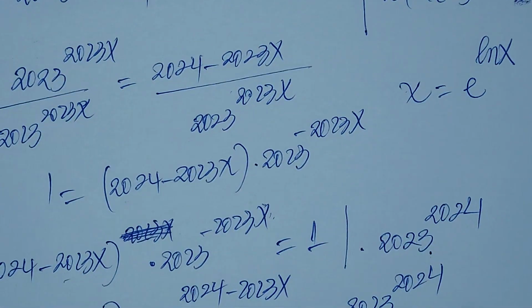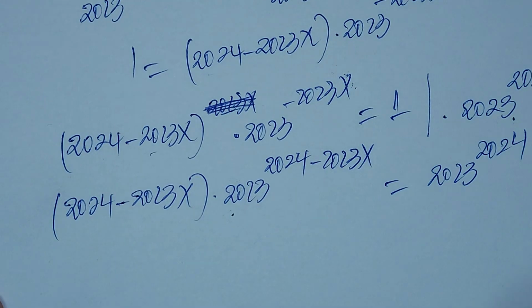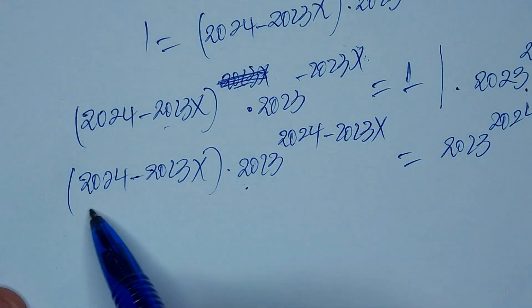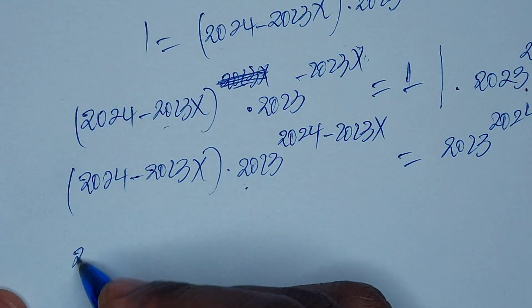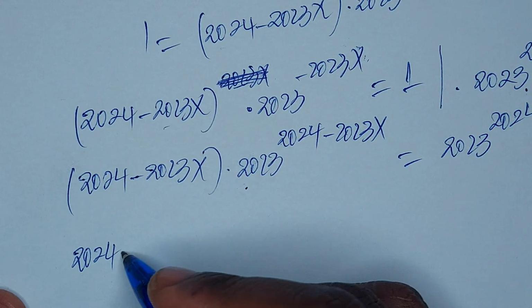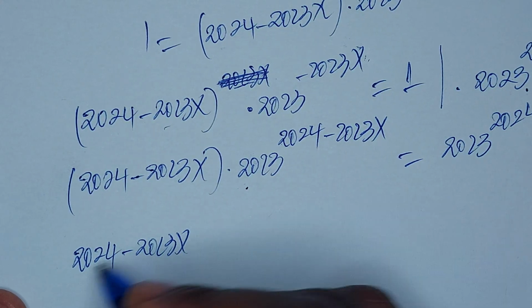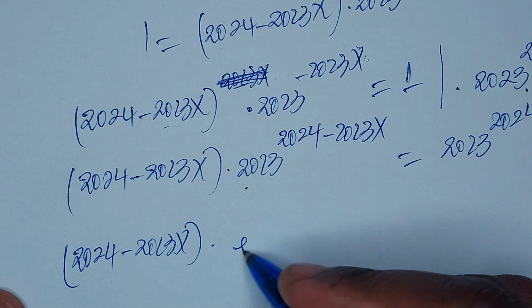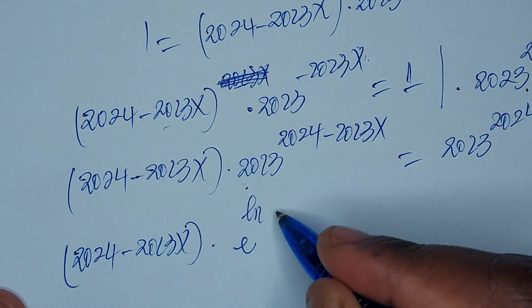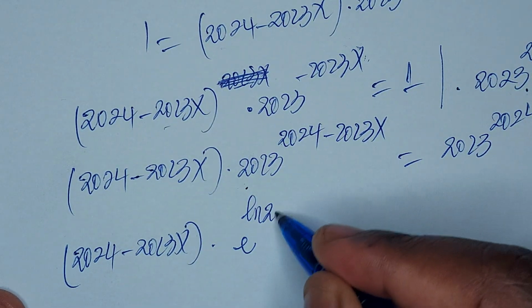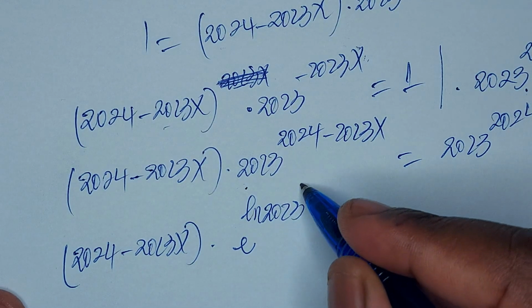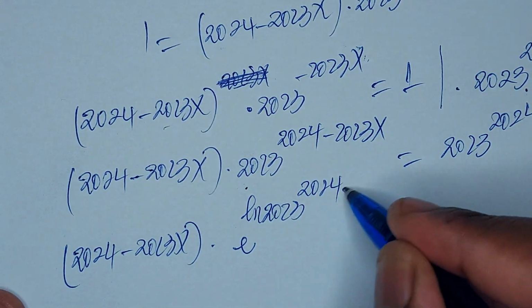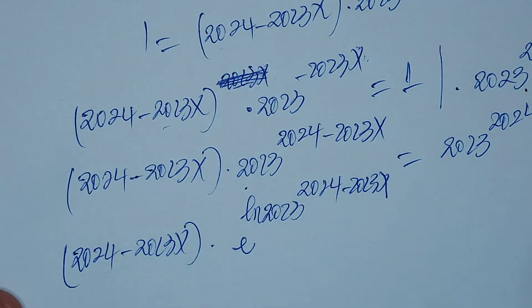Okay, so here we're going to have 2024 minus 2023x, right, times, I'm going to say this is e to the ln of 2023 to the power of 2024 minus 2023x.